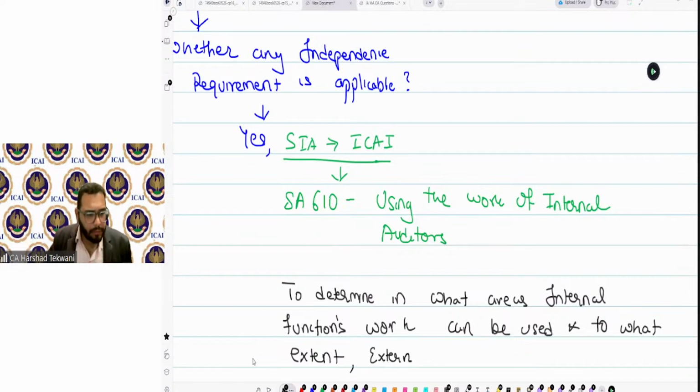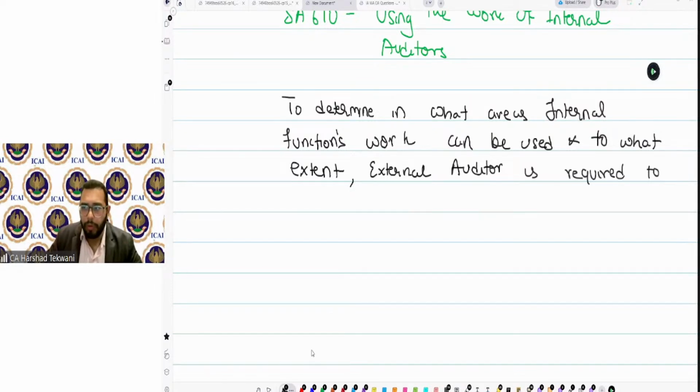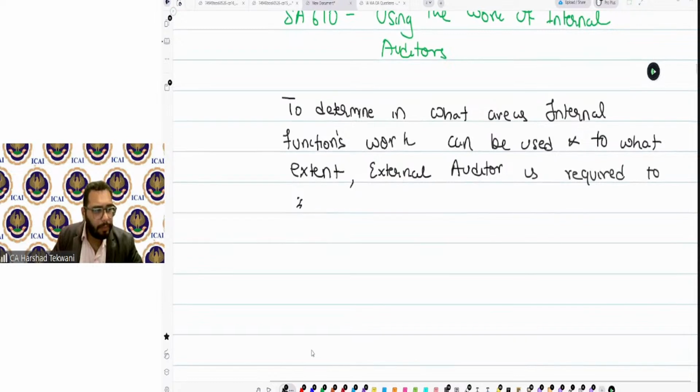The external auditor is required to evaluate the internal audit function.